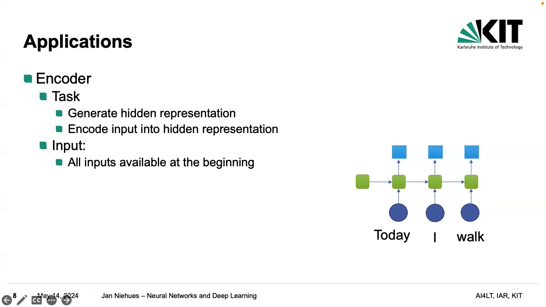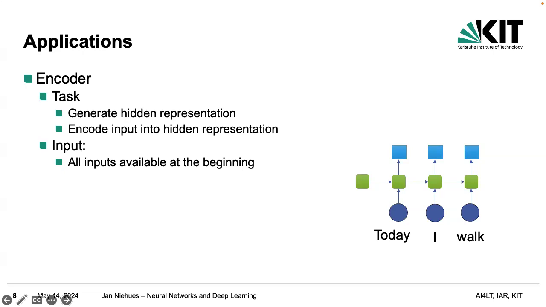If you have, for example, a word, you can put the words in there as one-hot encoding, maybe embeddings, and then you have an RNN here as an example, but you can also have a CNN or a self-attention, which takes its inputs and generates a new sequence of hidden states, which represents somehow your input. So you're encoding your words as some type of hidden representation, as a sequence of vectors.